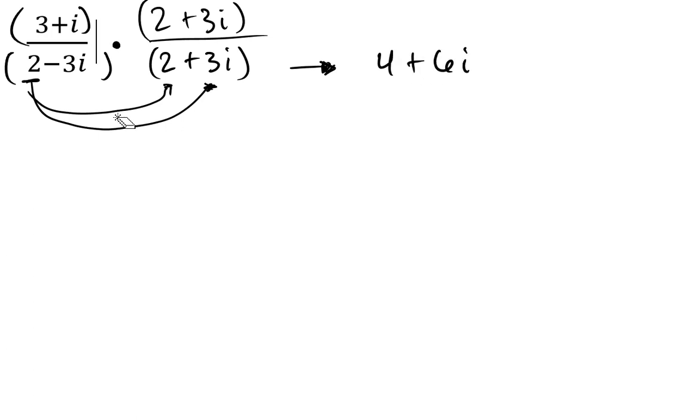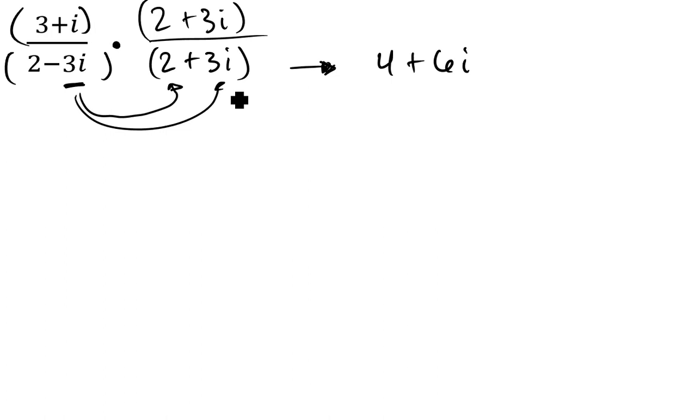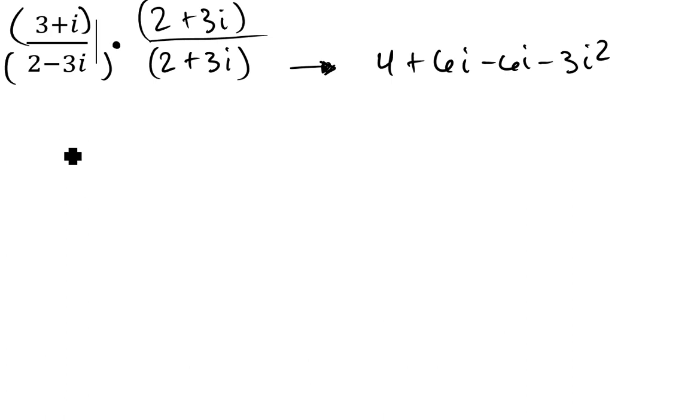Now I need to do the same thing for the second part here, the imaginary part. I'm going to multiply this times each one of these. So I have a -3i times 2, which is a minus 6i. And then I have a -3i times positive 3i, which is a -9i squared. Now, if I simplify that, the first thing I notice is that I have a 6i and a -6i, which will cancel out.